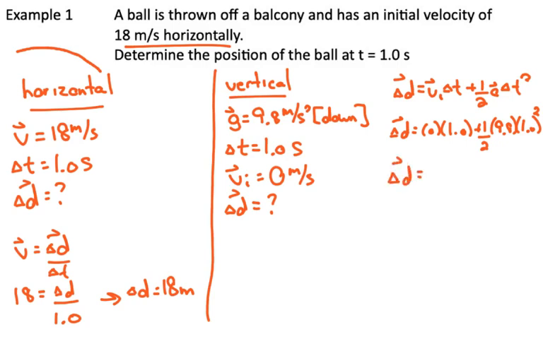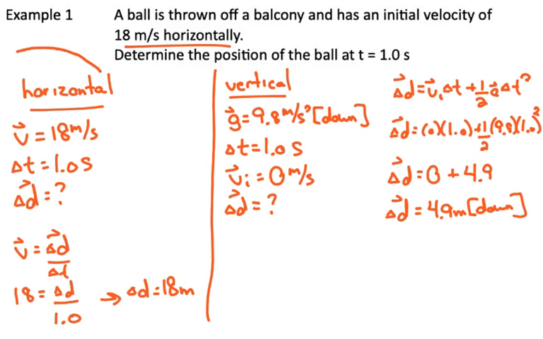Calculating this out, 0 times 1 gets 0. 1/2 times 9.8 times 1 squared is 4.9. So the displacement in the downward direction is 4.9 meters down. So this ball has flown 18 meters horizontally and 4.9 meters down.